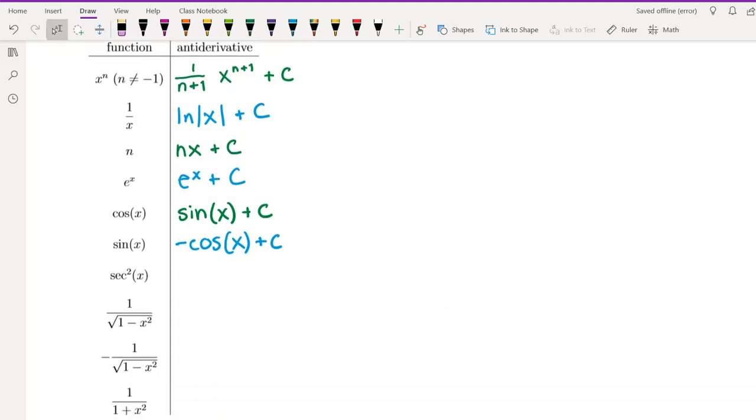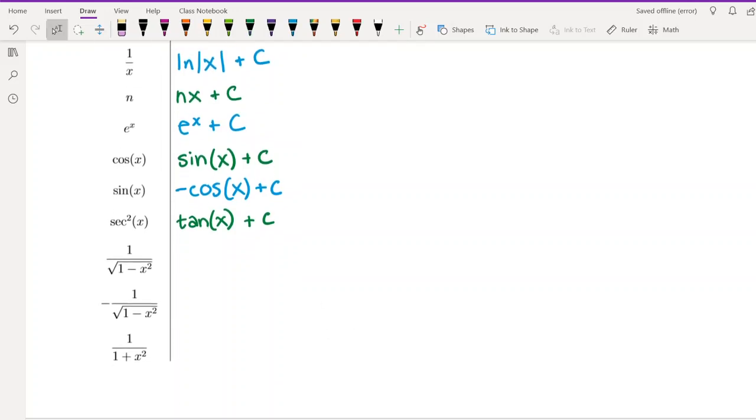Next up, we have secant squared. So that one, we know that the derivative of tangent is secant squared. So that's where that comes from. And then these next three are ones that we definitely haven't used quite as much in this class, but they're going to be pretty important, especially I'd say this last one in Calc 2. So this first one here is the derivative of inverse sine.